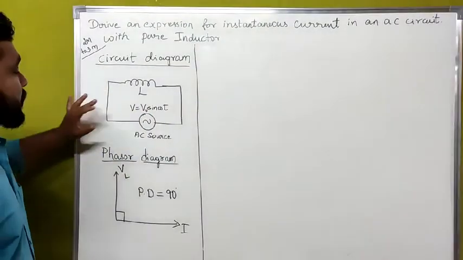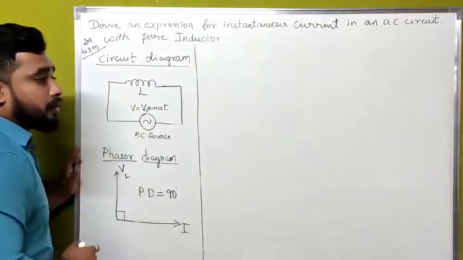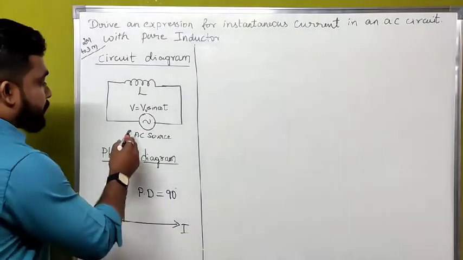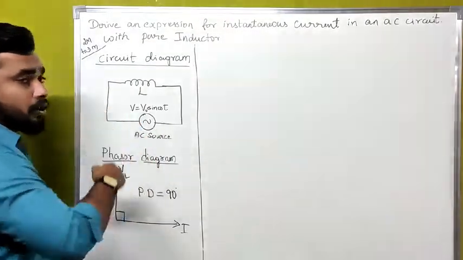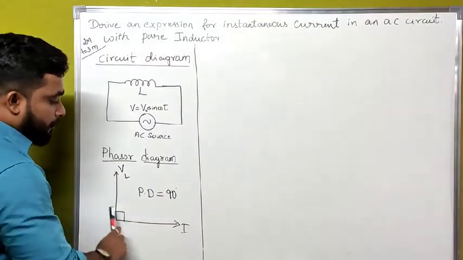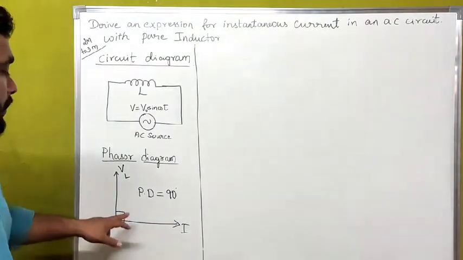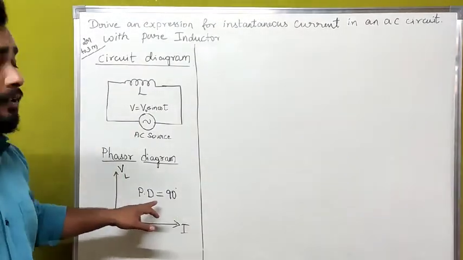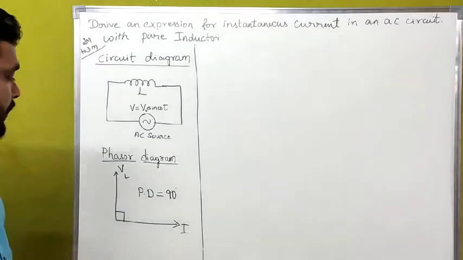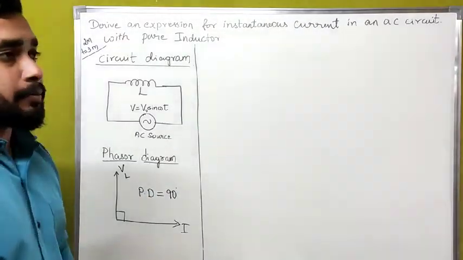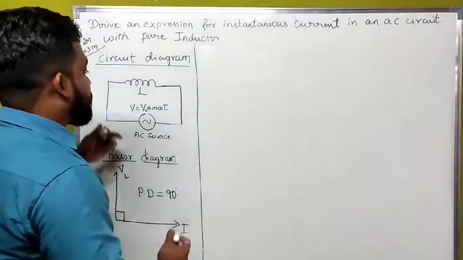This is our circuit diagram. In our circuit diagram, we have an inductor and an AC source connected along with that. The phasor diagram for both voltage and current will be like this. There is a phase difference between these two of 90 degrees, and here is our phasor diagram. Here, what is this L?